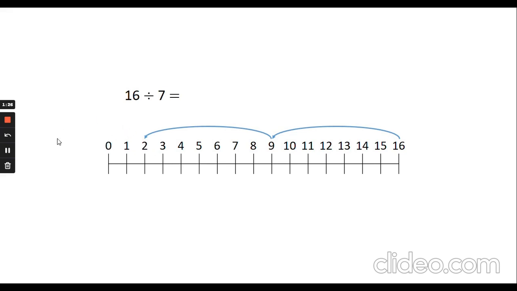That is not a jump of 7. So instead, I count how many jumps I was able to do. 2. And how many do I have left over? What did I land on? I landed on 2, which means I have a remainder of 2.